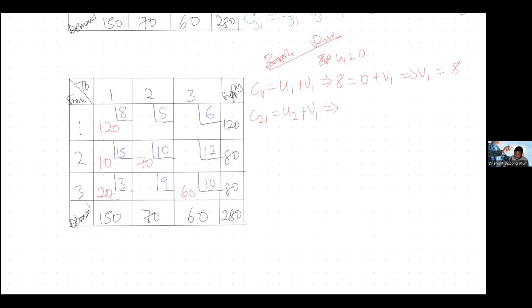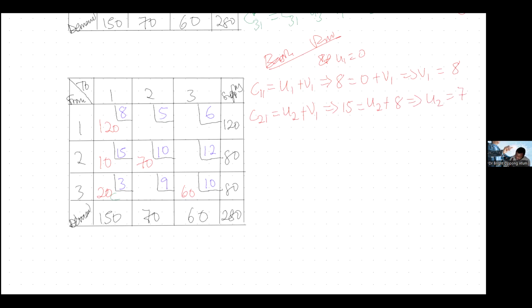And what is C21? That is 15. So 15 is equal to U2 plus V1. Now we know V1 to be equal to 8, and that means that U2 will be equal to 7.